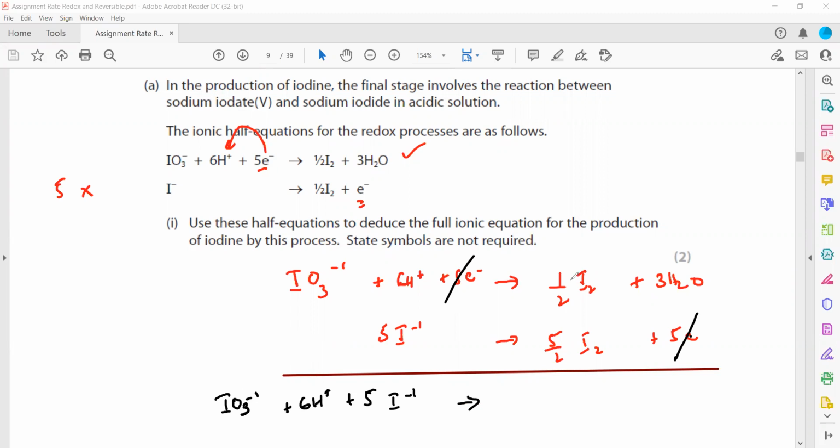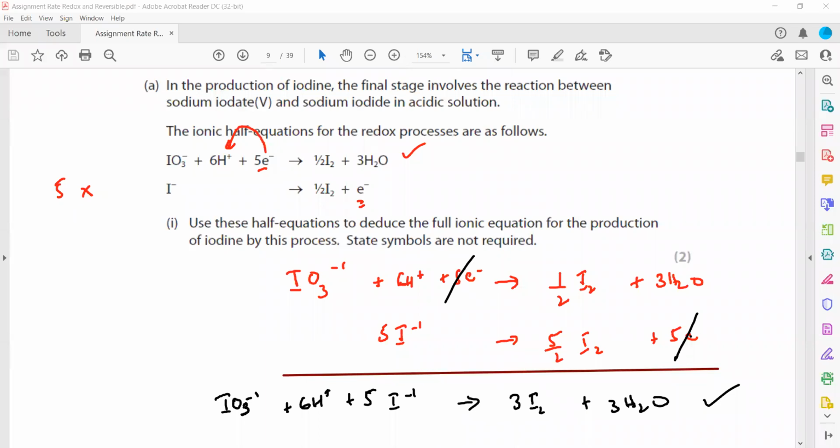Then iodine molecules: when we add, it is 2.5 plus a half, so it is 3 iodine molecules. So this will be 3I2 plus 3H2O. So this is a balanced combined equation for the reaction between iodate and iodide ion.